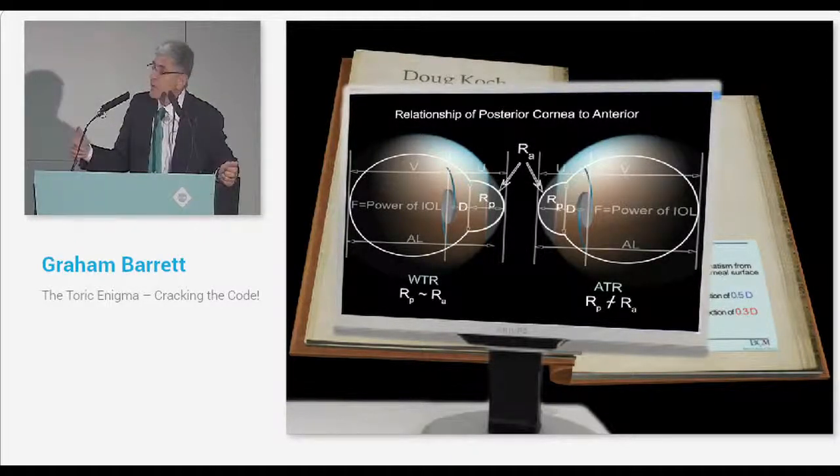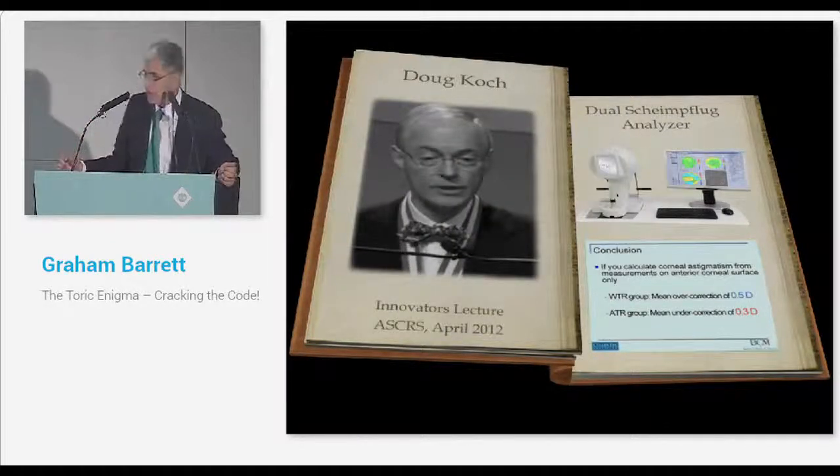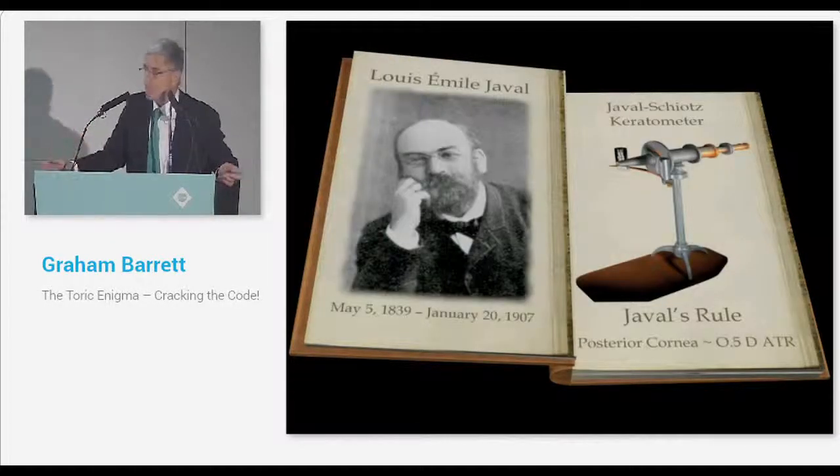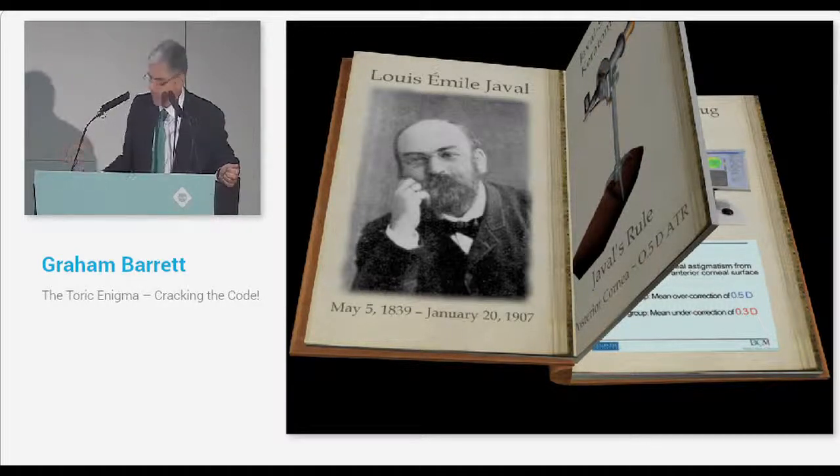But when you have increasing amounts of against the rule astigmatism, you don't. It's pretty strange. The bottom line is this: if you ignore your posterior corneal astigmatism, with the rule patients, you'll overcorrect them on average by half a diopter, and with against the rule patients, you'll actually undercorrect them by about 0.3 diopters. That's on average.